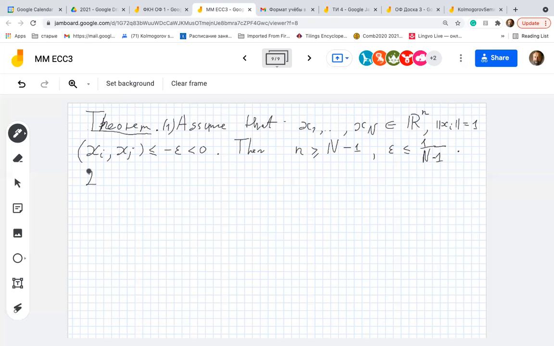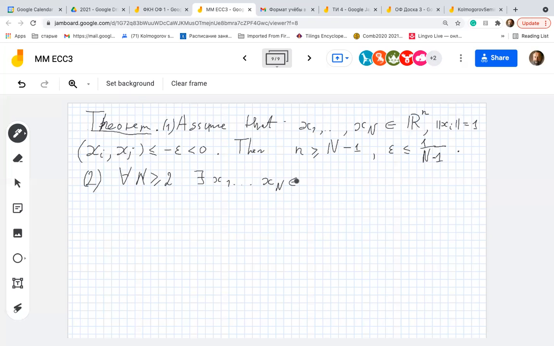And the second, sufficient condition shows that in the first item, everything is tight. So the second item claims that for all capital N larger than 1, there are such vectors for which both bounds are attained.